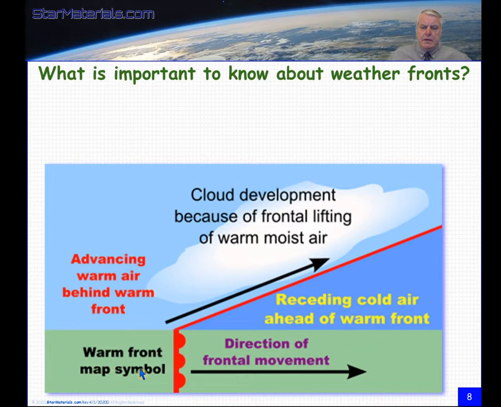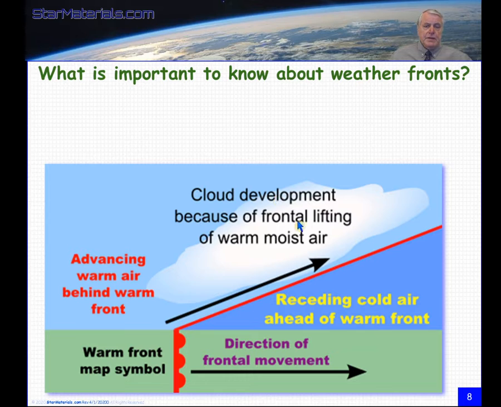Okay, here's a warm front on the map. This is the direction of the movement. If these lumps were on the other side, it'd be going the other way. It would indicate it was going the other way. So these are the direction that it's moving, and that's on a map. Now, here's what it looks like on the planet. Advancing warm air behind a warm front.